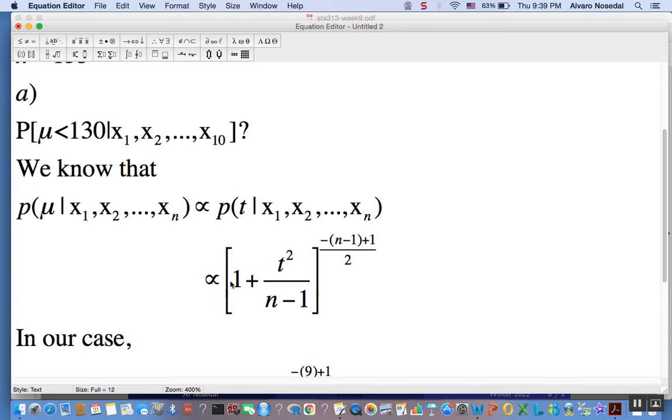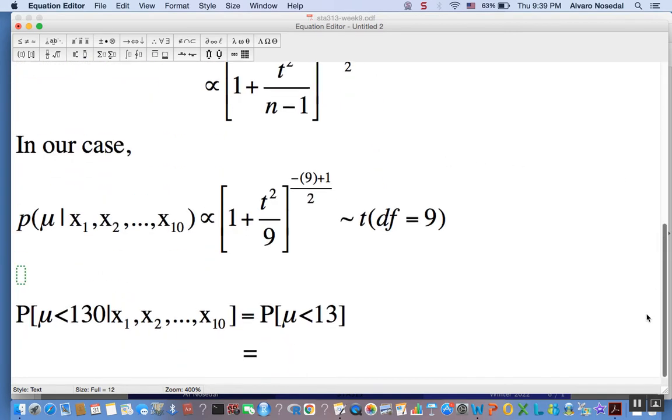This guy here is a standard t distribution, and that transformation was similar to those z-scores that we know from courses in introductory statistics. So let me remind you what that transformation looks like in our case, how we went from mu to t. Again, we're basically going from a non-standard t distribution to a standard t distribution.